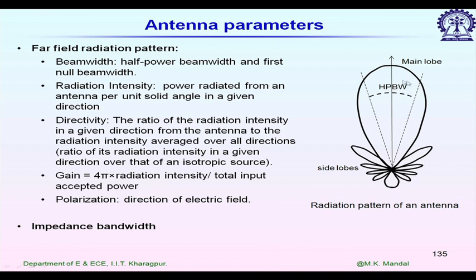It is an important parameter for scanning purposes, because it defines the resolution of the antenna. When two objects are separated and we want to see them as two different objects, the separation should be more than the half power beam width of the antenna.